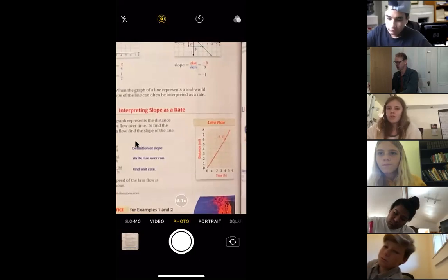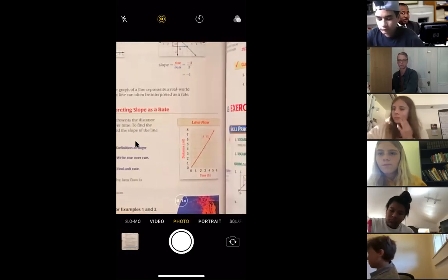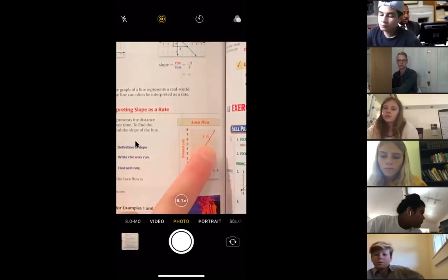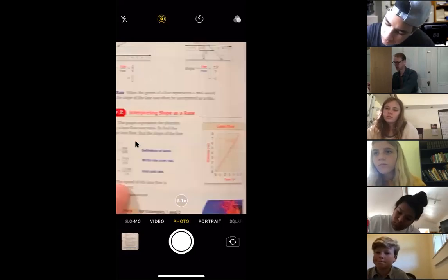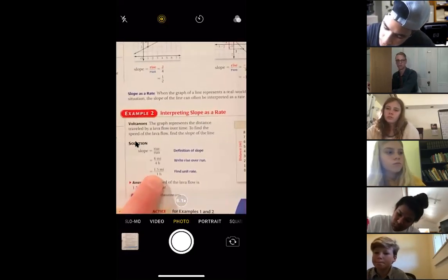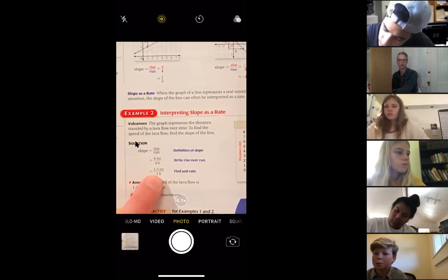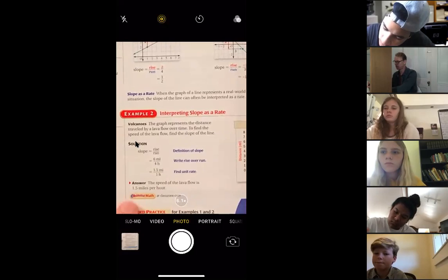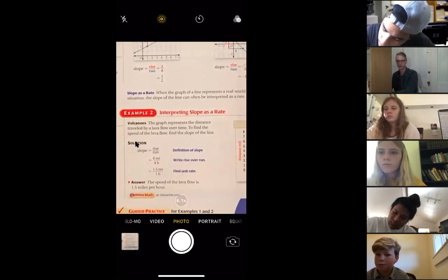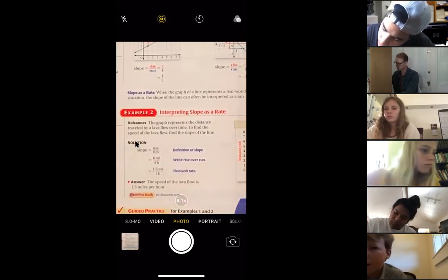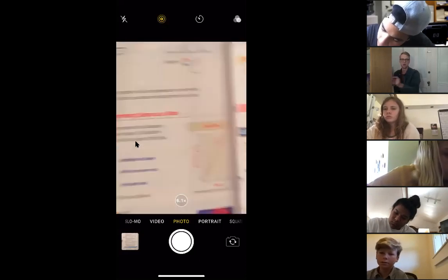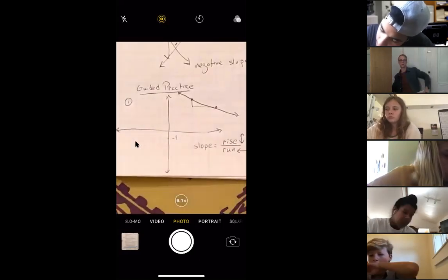So right now it passes through the point 4, 6, and it tells you that the speed of the lava flow is 1.5 miles per hour. I want you guys to try to figure it out. Change it from 4, 6 to 3, 6. What would the speed of the lava flow change to? Go ahead and mess around with it for a little bit, see if you can figure it out.